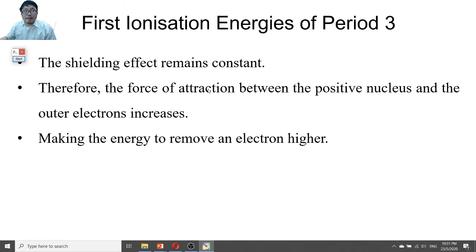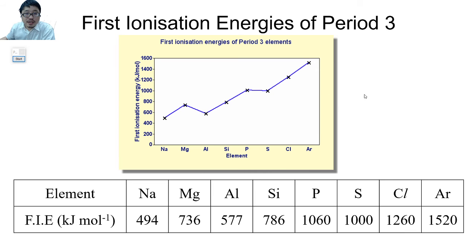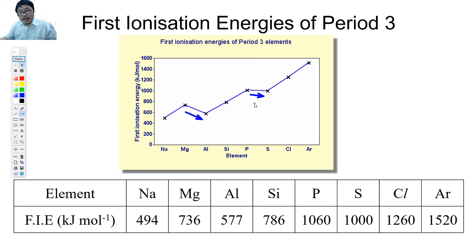Now, we're going to talk about the two drops right here. From magnesium to aluminium, drop. From phosphorus to sulfur, drop. Why?